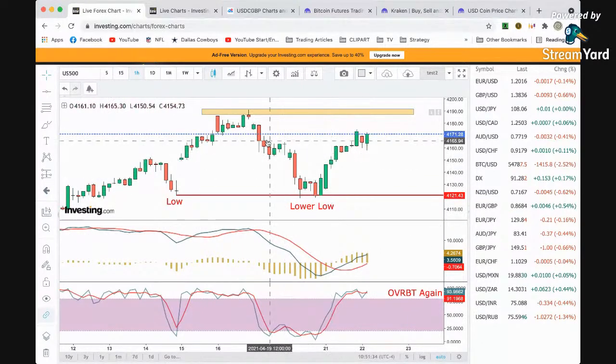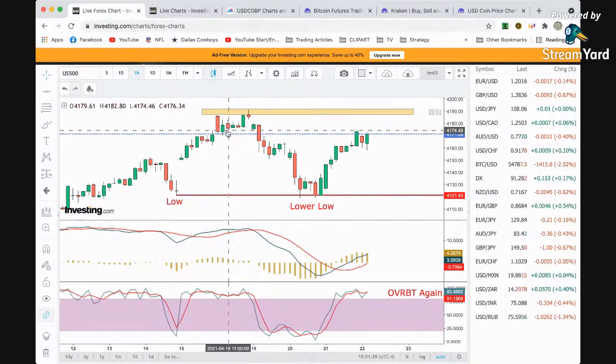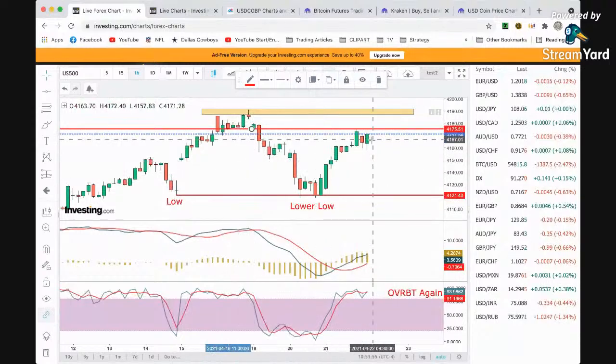I don't trust it. We're failing right along the area of this sideways movement of these candles before price gave way. This was the floor in the past, and it seems to be functioning as the ceiling right now.